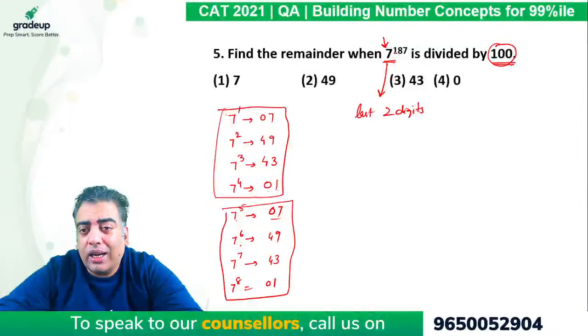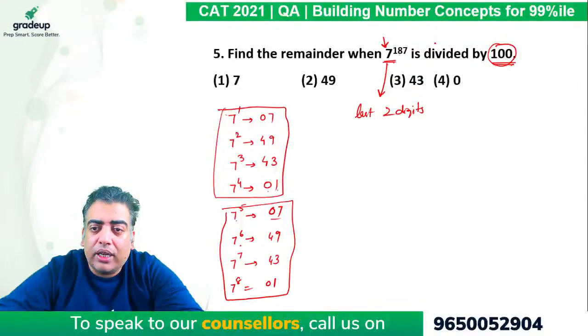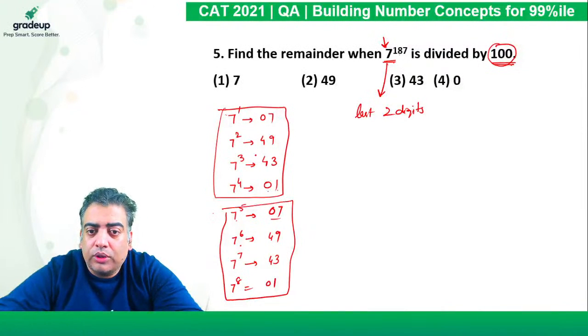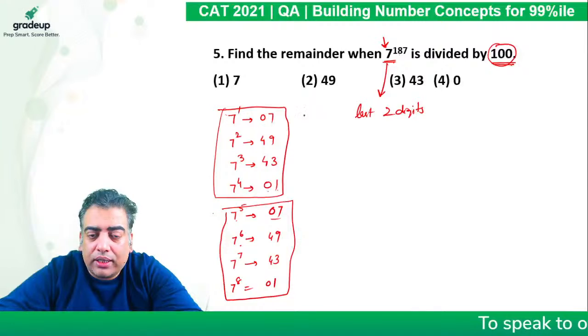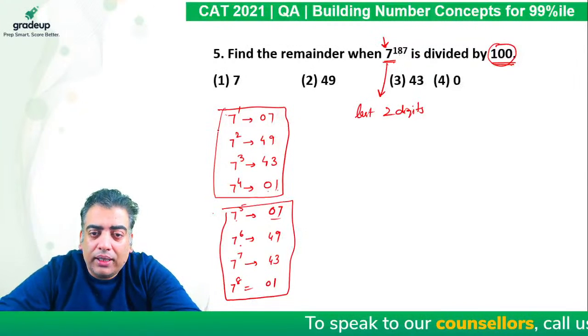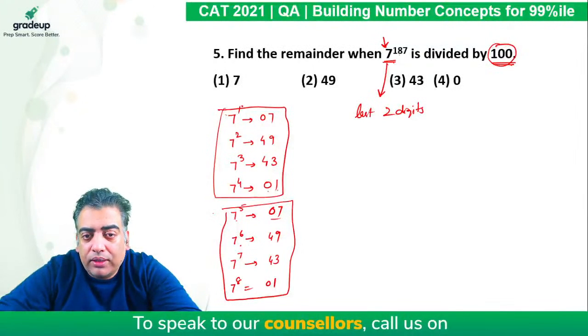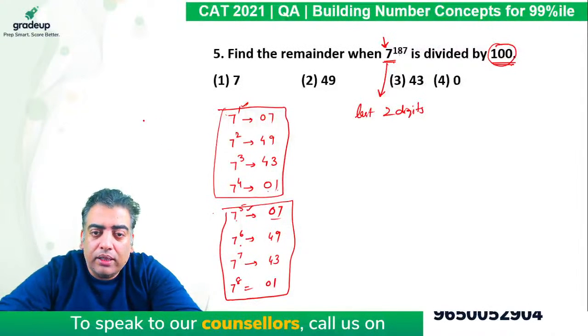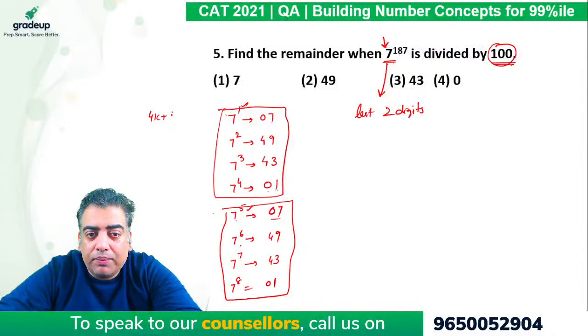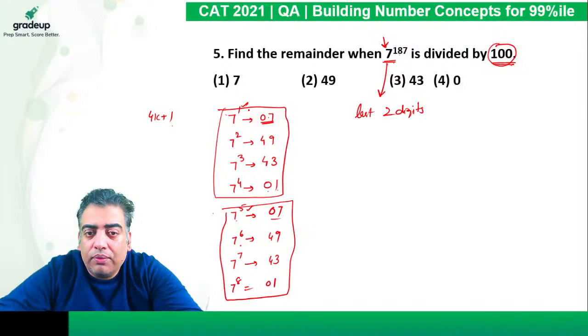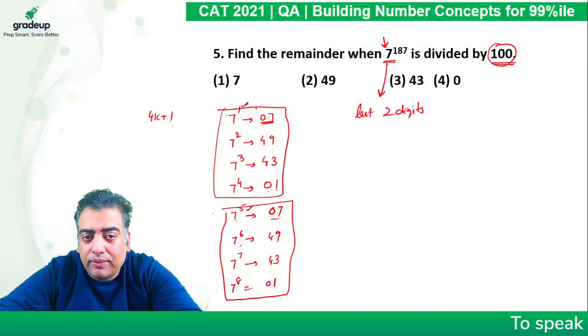So it looks like a question of remainders. Instead of using any theory, we could have used this also. So there are multiple ways now you can answer it. I will go by this: when the power is divided by 4 and the remainder is 1, the last two digits will be 07, or 7 is the remainder when such a number is divided by 100.